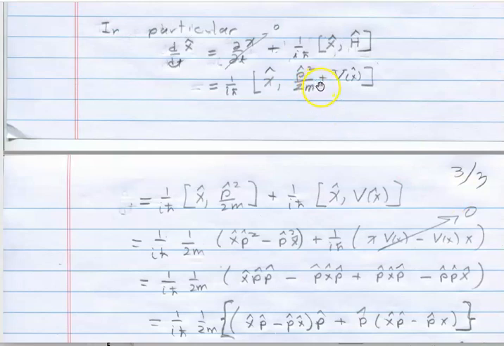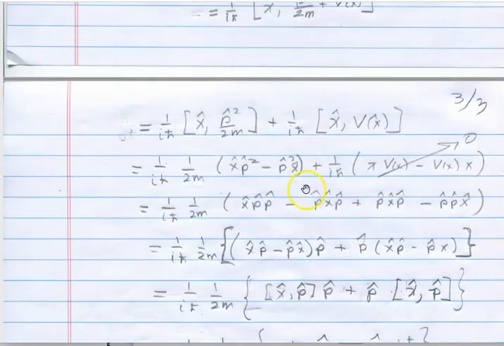Now, the commutator of a sum is the sum of commutators, so it's sort of a distributive law of this commutation relation. This term in brackets, with the 1 over iħ, simply becomes the commutator of the first piece plus the commutator of the second piece with x. Then we can do the same trick that we did earlier.